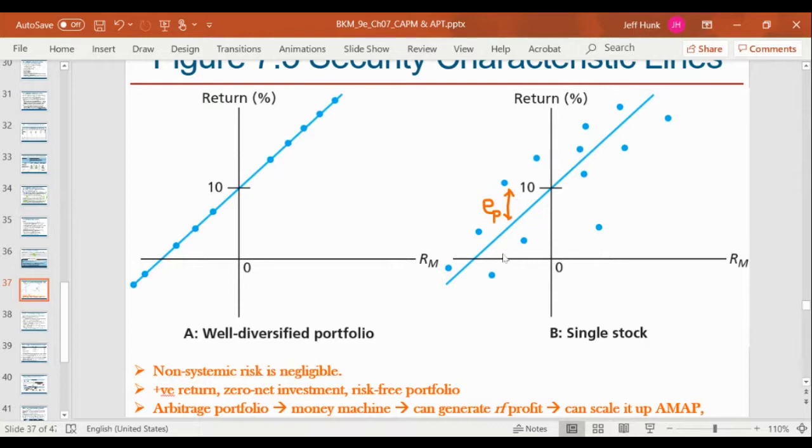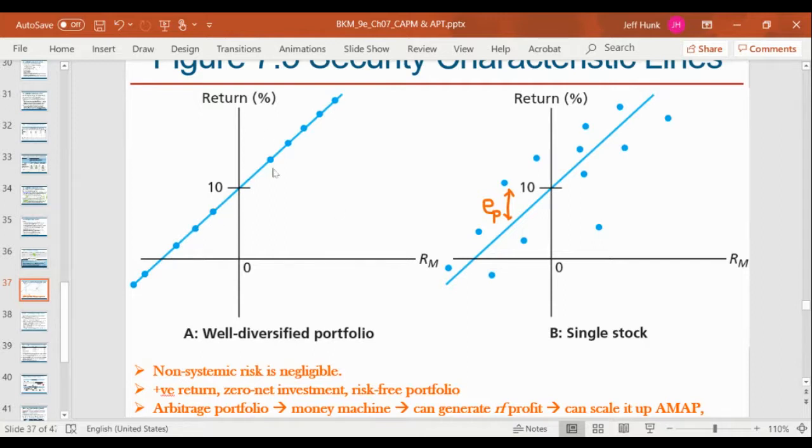If you square them and sum them and divide by n-1, that's the variance, right? And if the variance is positive, then it's not riskless. But if it is a well-diversified portfolio, and you've seen this from Finance 100, all these non-systematic risks, the financial risks and business risks, they all cancel out each other.